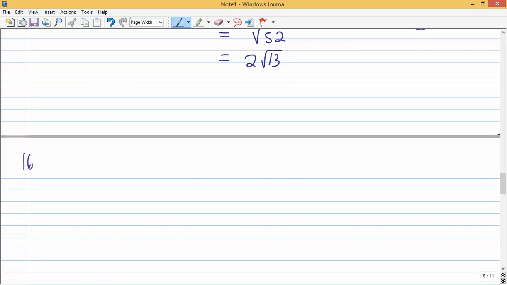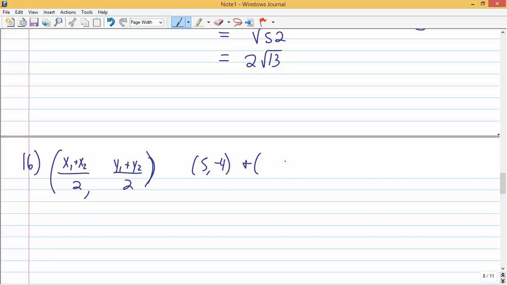Alright, midpoint, number 16. The midpoint formula is x sub 1 plus x sub 2 divided by 2, and y sub 1 plus y sub 2 divided by 2. Alright, so for this problem, I have 5, -4, and -7, 5.